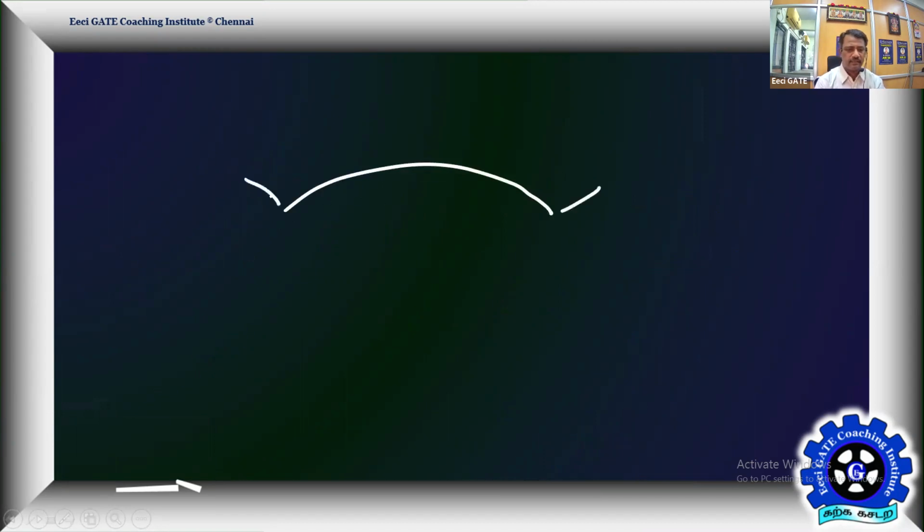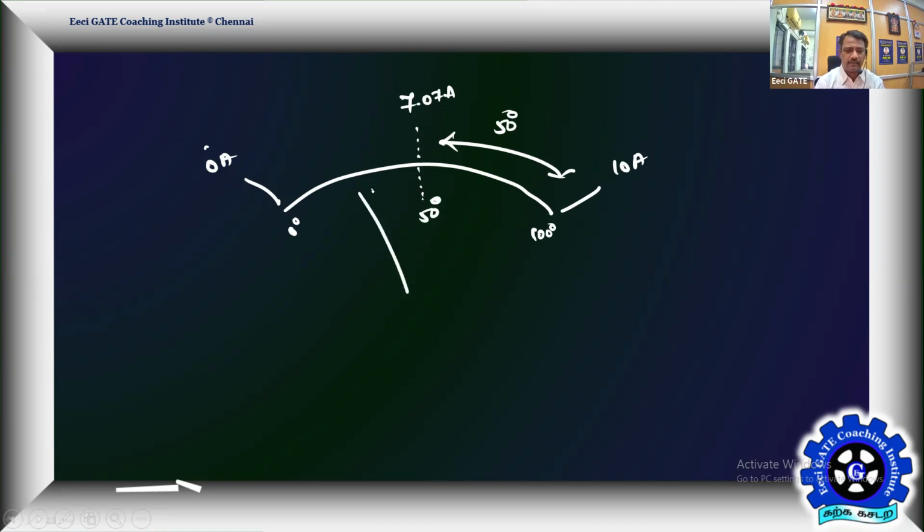This is your 0-degree, which is 0 amps, and this is your 10 amps, which is 100-degree. But at the 50-degree mark, what is your current? You're not going to mark 5 amps. Usually 5 amps is expected, but instead you're going to mark 7.07 amps. This is the 50-degree mark, where the pointer is going to deflect.